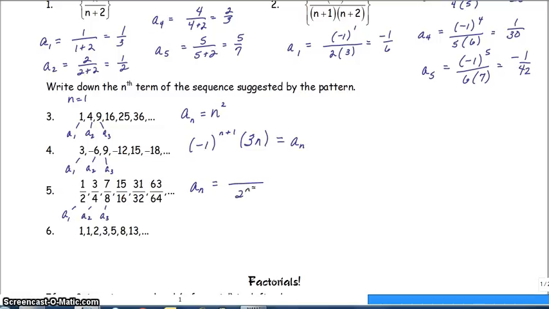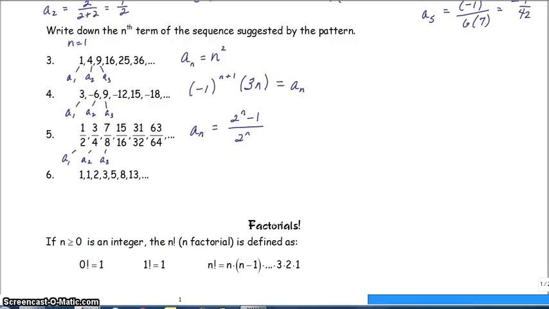So I would have 2 to the n in the denominator, and the numerator is 1 less than the value of the denominator. And so I want to take my 2 to the n and subtract 1 to represent the numerator. So in this case, a sub n is equal to 2 to the n minus 1 over 2 to the n. Now in problem 6, we have what's called the Fibonacci sequence.